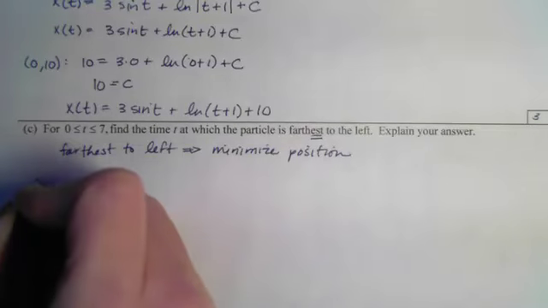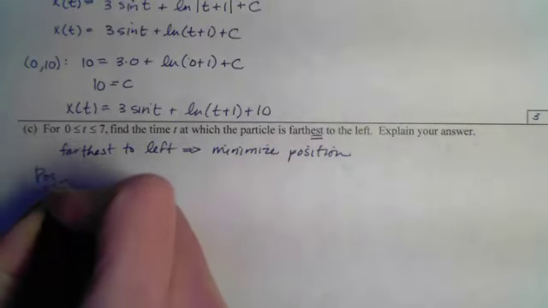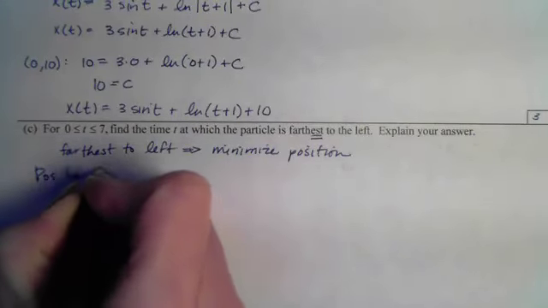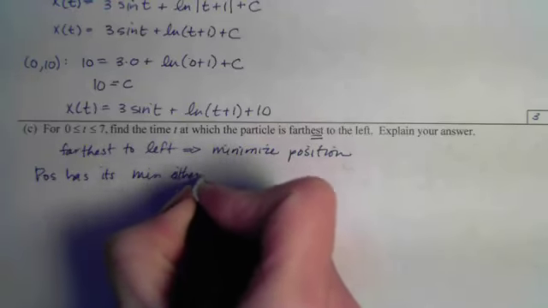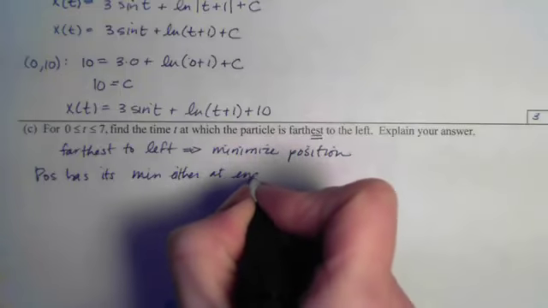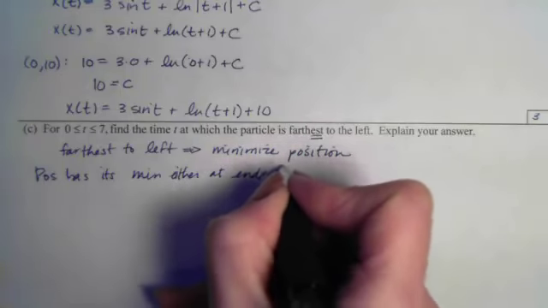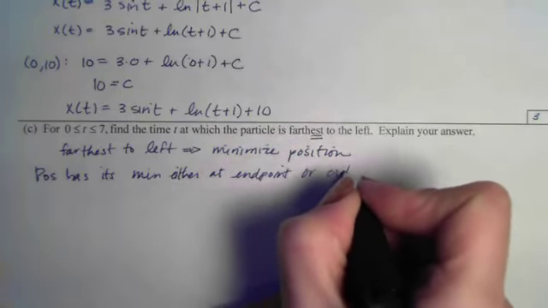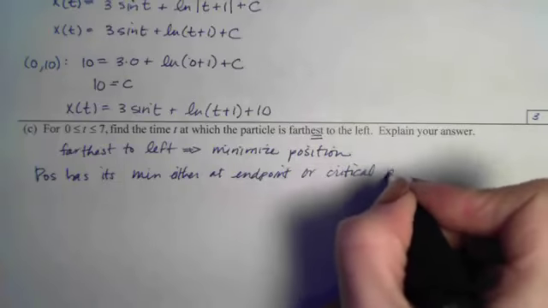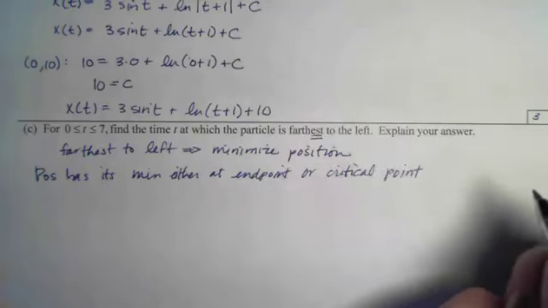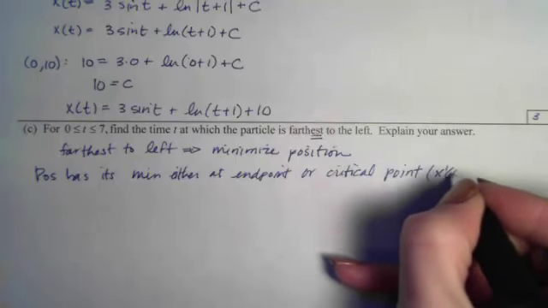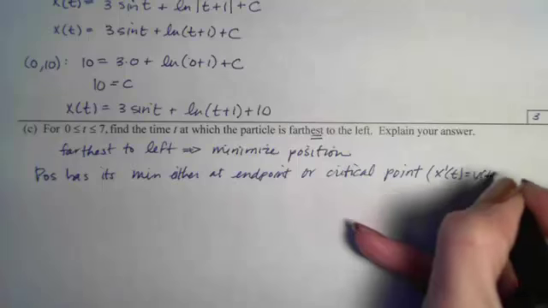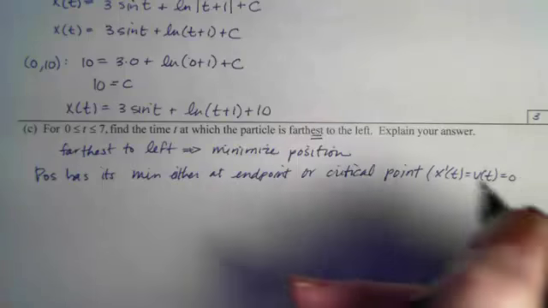So we can write down that position has its min either at an endpoint or a critical point, since we're on a closed interval. So the critical points are when the position's derivative, or the velocity, equals 0.